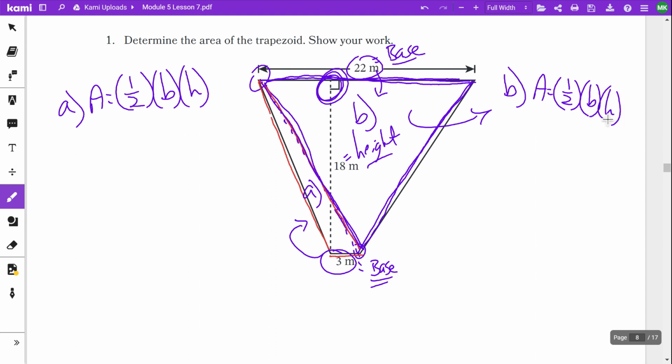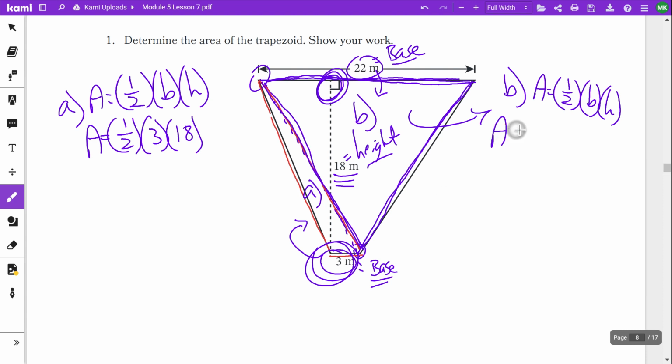The base for this triangle is 3, and they share the same height, 18. On the other side is the big triangle, triangle B: 1/2, my base being 22, and my height being, once again, 18. Now all you have to do is take care of the multiplication.